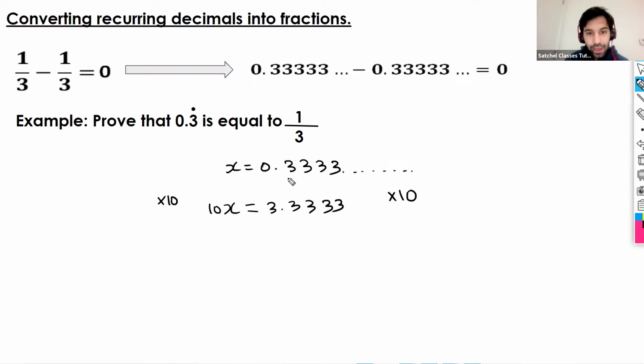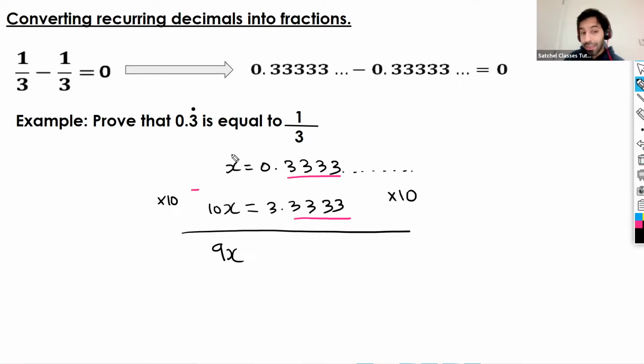What we have is the digits after the decimals are now the same. So if I was to take away an infinite amount of threes from an infinite amount of threes, what I'll get is 0. So essentially, by subtracting the top and the bottom from one another, I can get rid of the recurring decimals. So 10x take away x is going to be 9x.